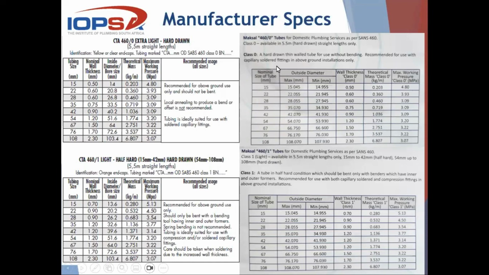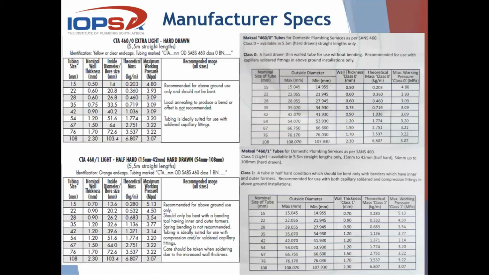And similar on this side, it says a hard drawn thin wall tube for use without bending, recommended for use with capillary solderings and above ground installations only. We then look at Class 1, it says recommended for above ground use only, should only be bent with a bending tool having an inner and outer former. And here it says spring bending is not recommended.